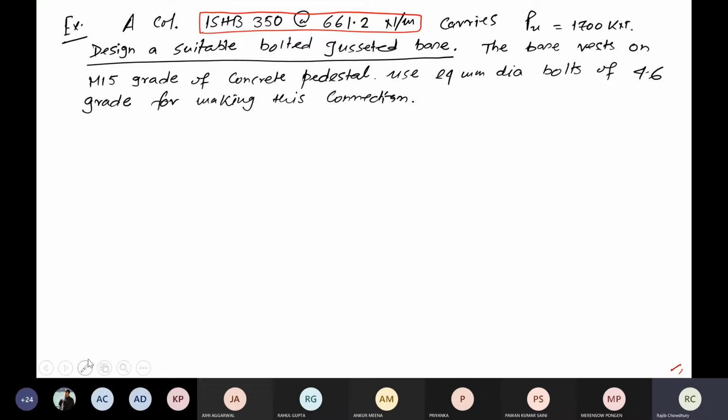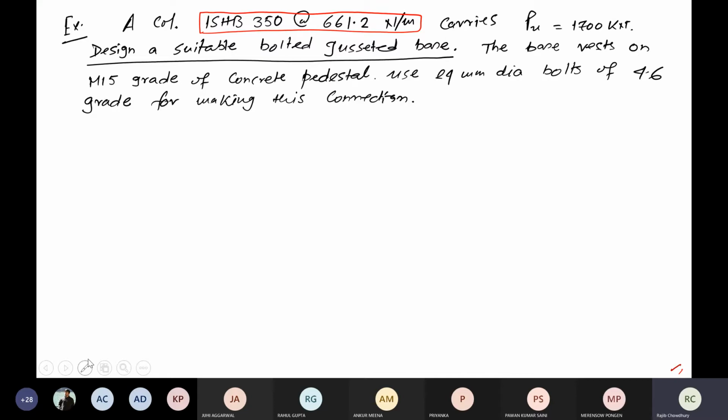So as usual, first let us look into the grade of the bolt that has been utilized, and for that let us put all these things together. Fu for the bolt is 410 MPa, and the corresponding Fy is 250 MPa. This is entirely for the bolts.